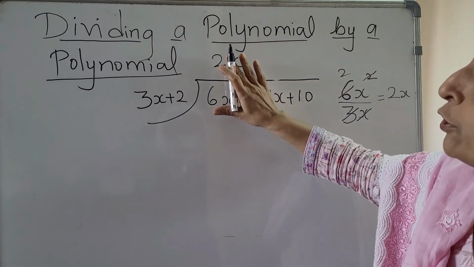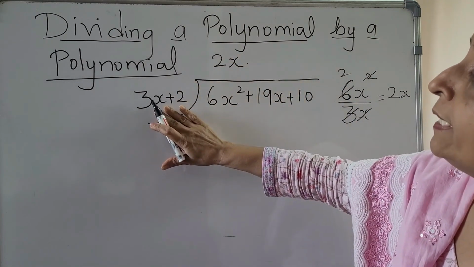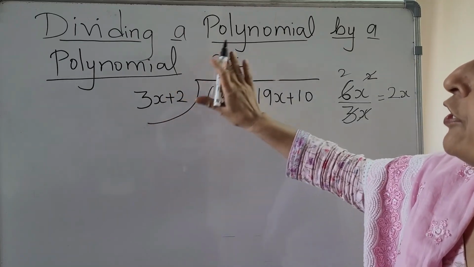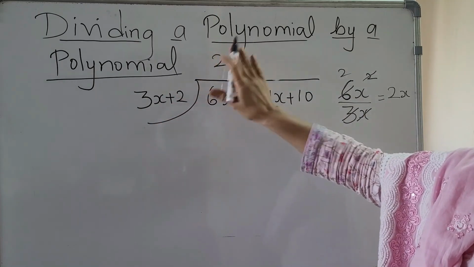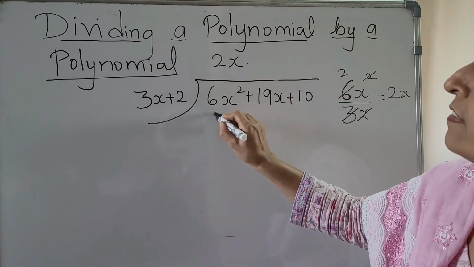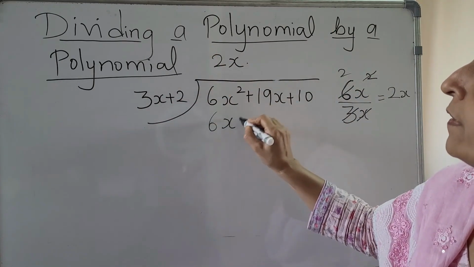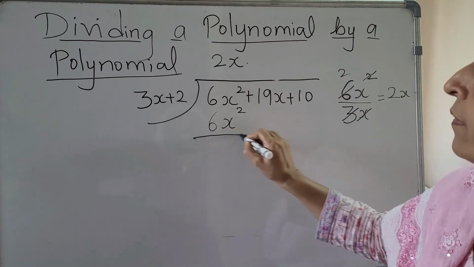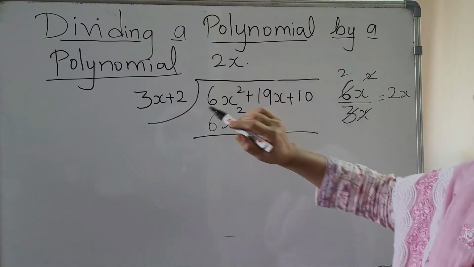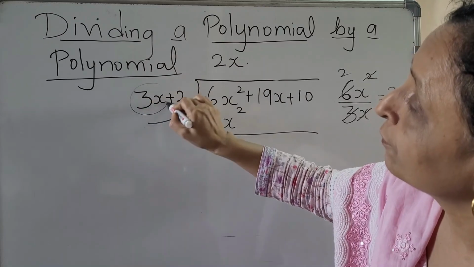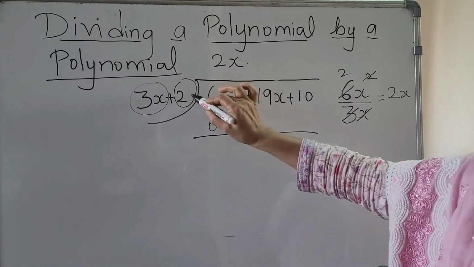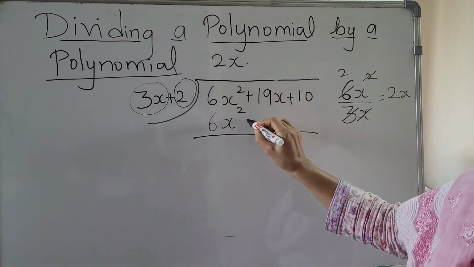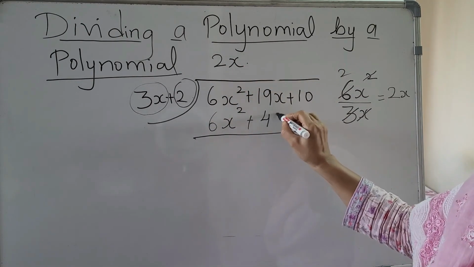Now this quotient you have to multiply by each term of the divisor. 3x into 2x is 6x squared. 6x squared. Now, you have to multiply the second term also. So, 2 into 2, it is 4x.